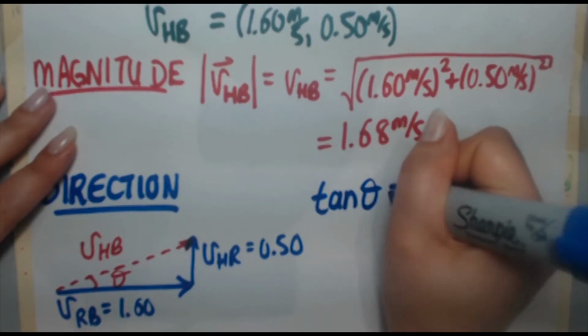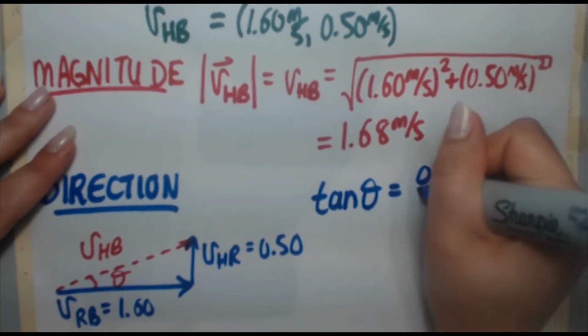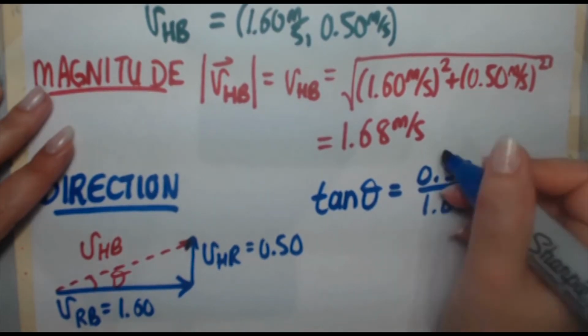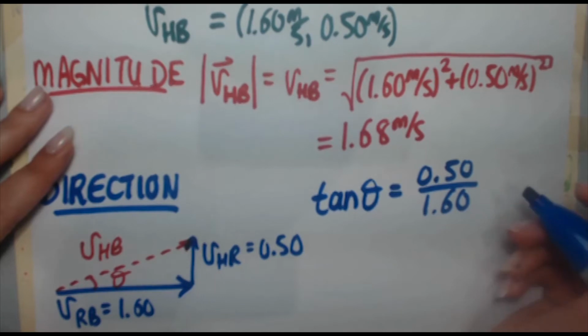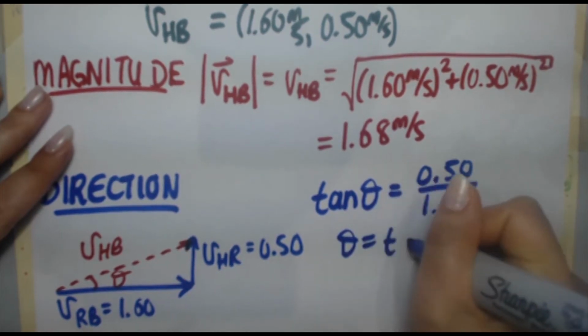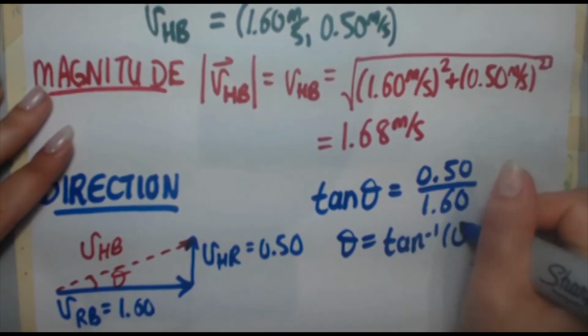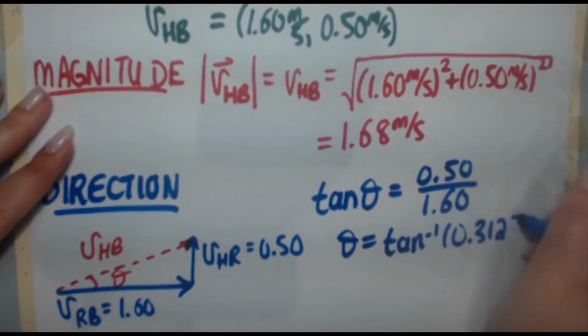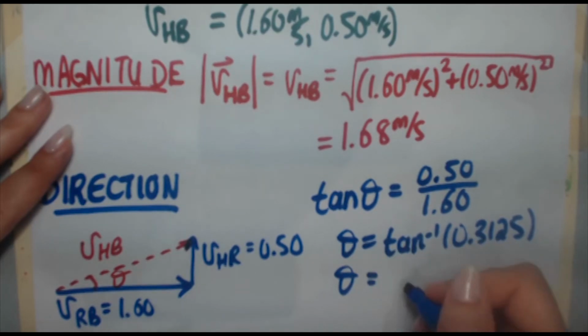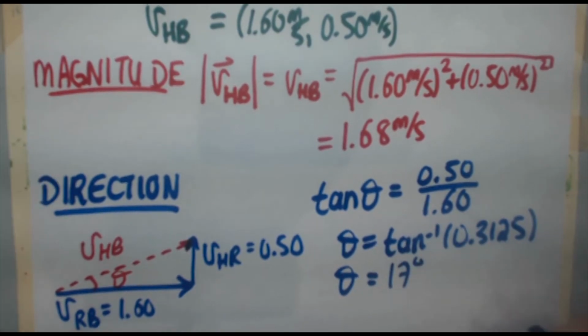So tan theta is equal to 0.50 over 1.60. That ratio comes out to about 0.3125, so we take the inverse tangent of both sides. Inverse tan of 0.3125 gives theta to be 17 degrees.